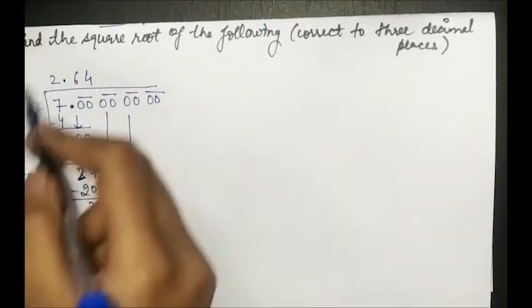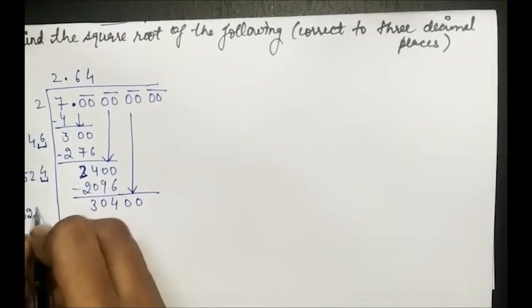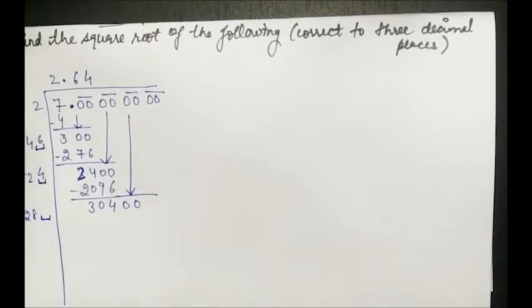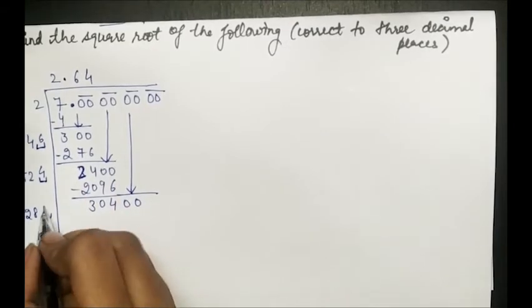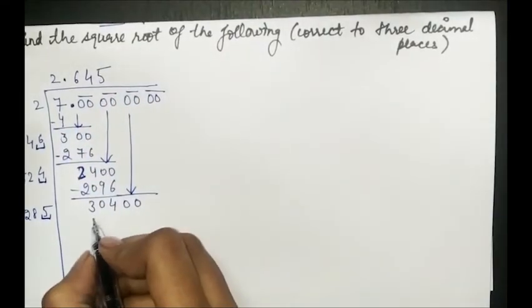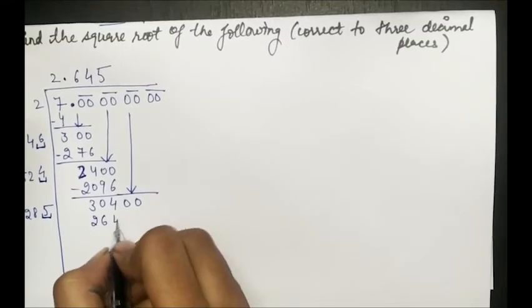Now the double of 2.64, that will be 528, and then we want one number so that this will be completely divisible or shorter than this. So that will be 5.